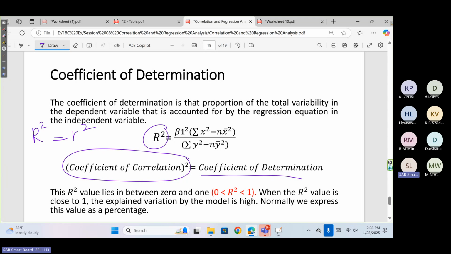It means how much of the dependent variable is explained. Take sales and advertising expenditure: sales is our dependent variable, and we need to find the effect of advertising expenditure on sales revenue.